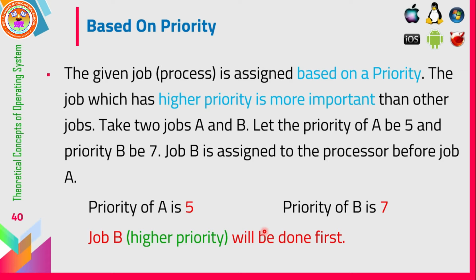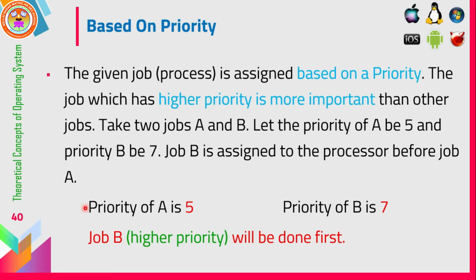Listen, take 2 jobs A and B, where the priority of A is 5 and the priority of B is 7. Comparing these two jobs, which one has the higher priority? B, that is 7. So job B is assigned to the processor before job A. That is the logic.